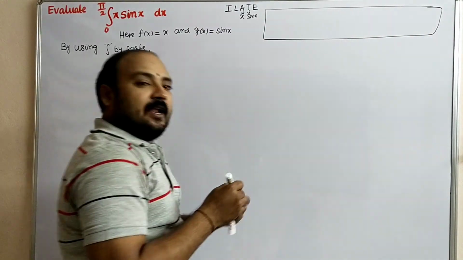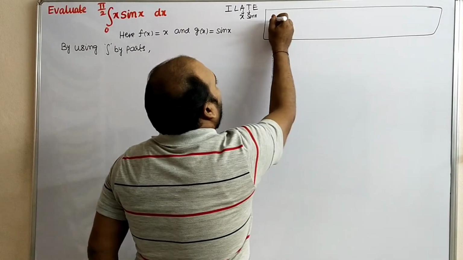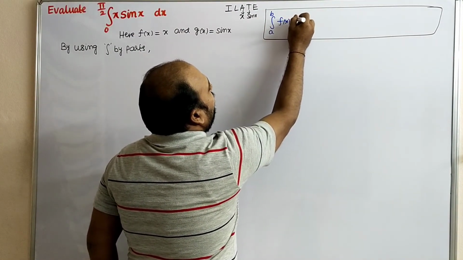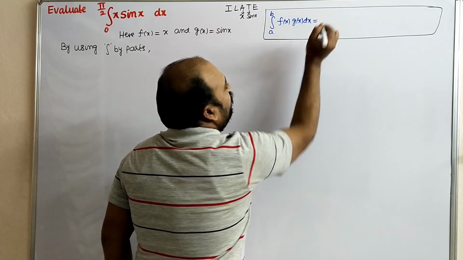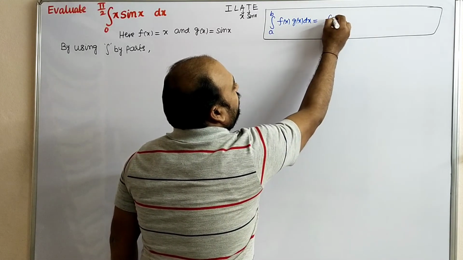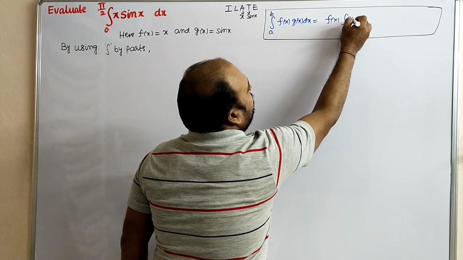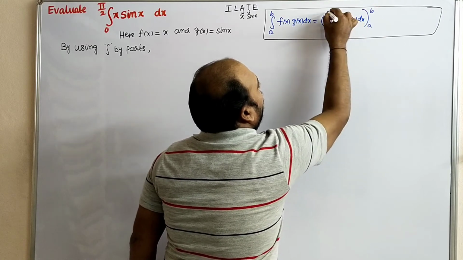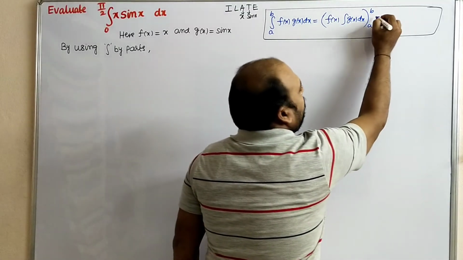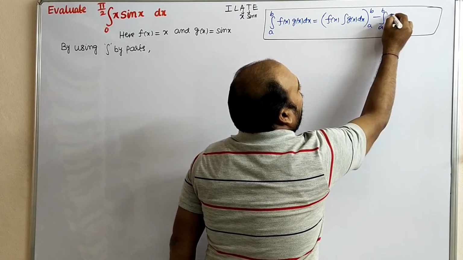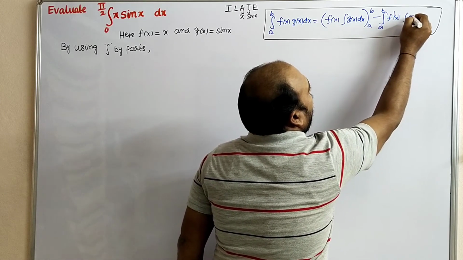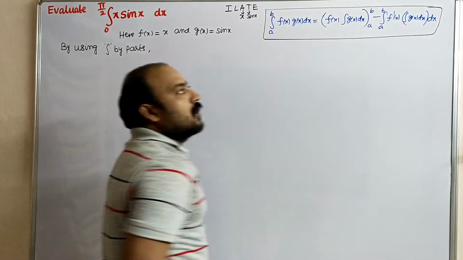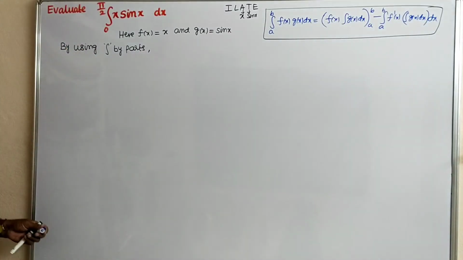Whenever it is integral a to b of f of x into g of x into dx, it is equal to f of x times integral g of x dx, applying the limits a to b, minus integral a to b of f dash of x into integral g of x dx, whole dx. By using that formula, we are going to do this.